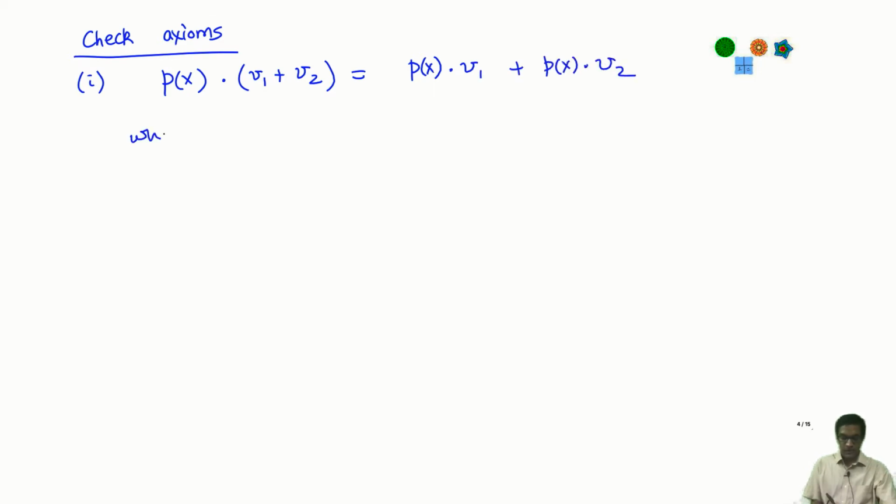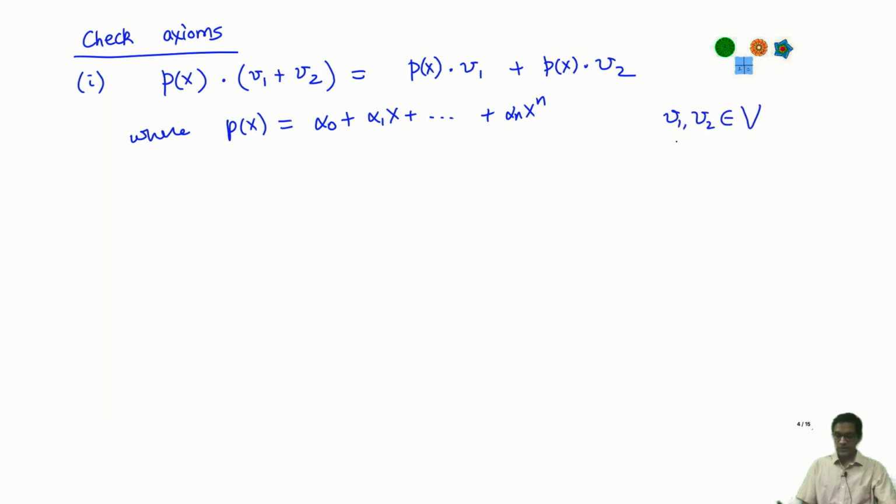Where p of x is my polynomial alpha naught plus alpha 1 x plus dot dot dot. Okay, and of course all the elements come from the appropriate spaces, v1 and v2 come from V, the alphas are all elements of k. So I have to check if this is true. So is this true is the question, according to my definition. Just a question of writing out both sides.